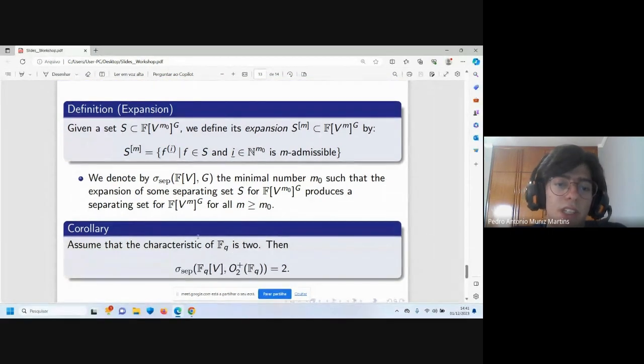And assuming the characteristic of our field is equal to 2, we could prove that the sigma sep for this invariant algebra is just equal to 2.